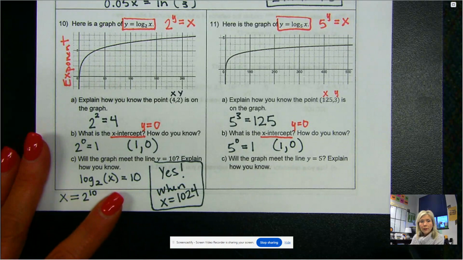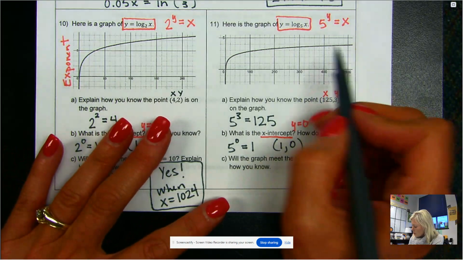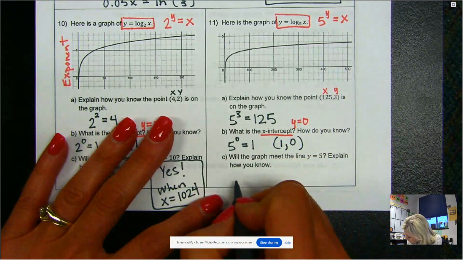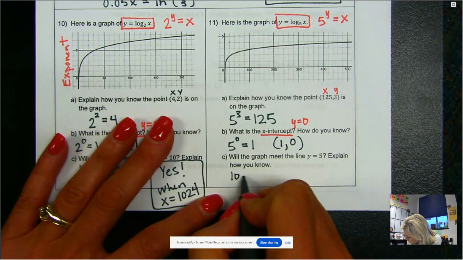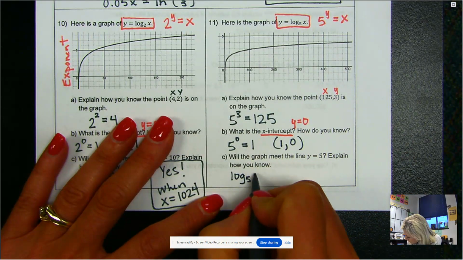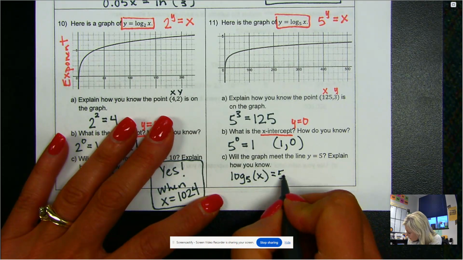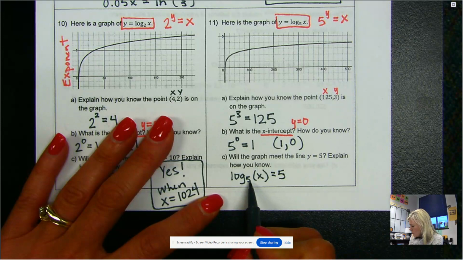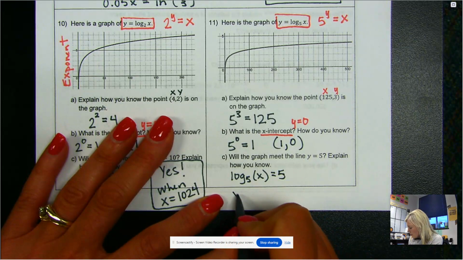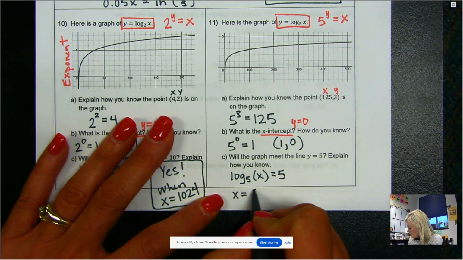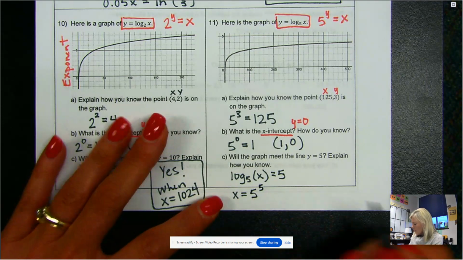And then finally, will the graph meet the line y equals 5? So we have to set this up. The log base 5 of x equals 5. So base and exponent, that means x equals 5 to the 5th.